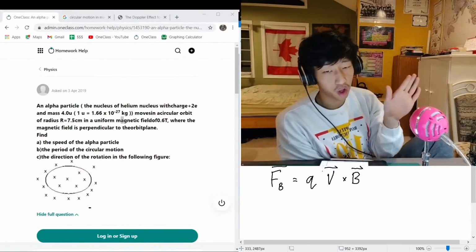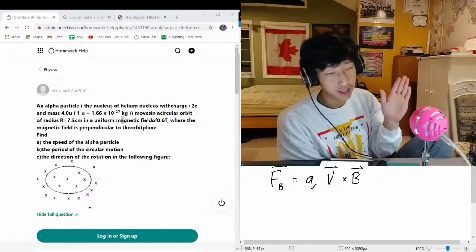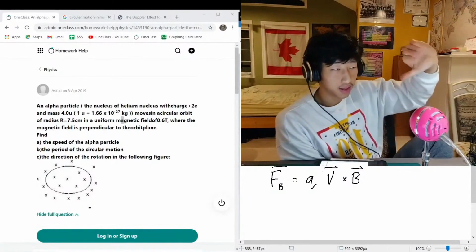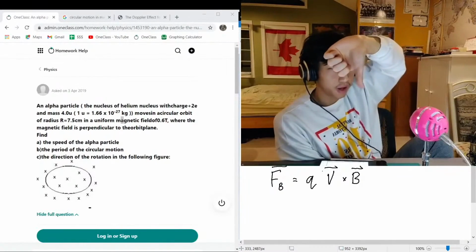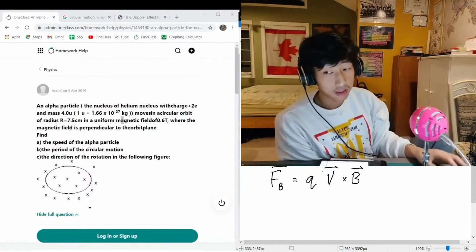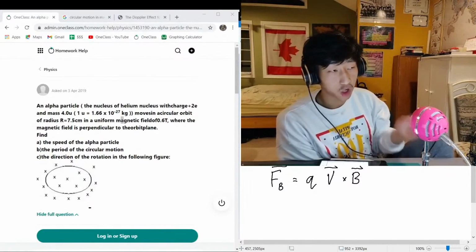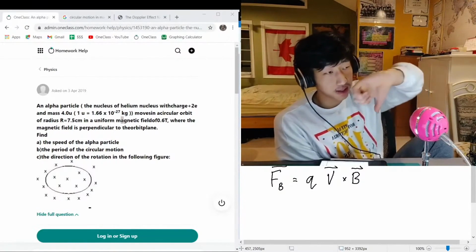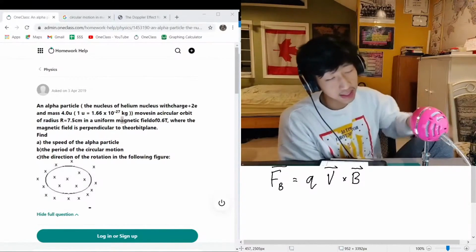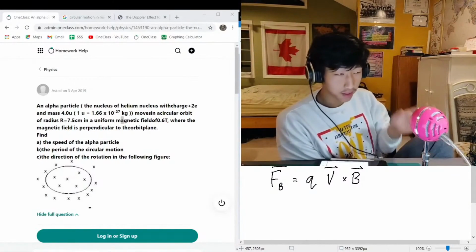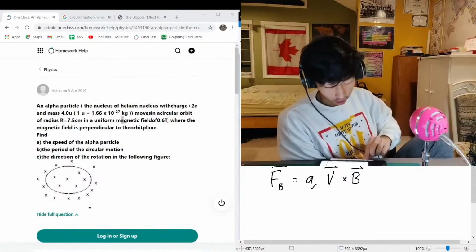So we want to curl in the direction that the B is going, into the page. You can see that the B force, my thumb, is always going to be towards the center. That's the direction of the force that it needs to be, because it needs to accelerate you towards the center of the circle to keep you in that circular path. So it actually is going to be counterclockwise.